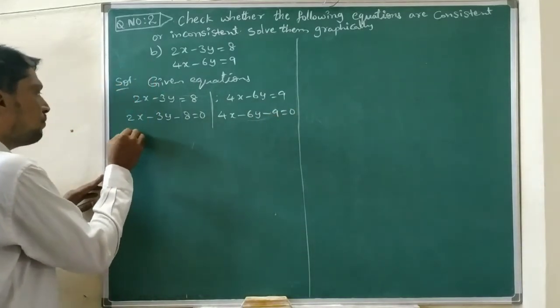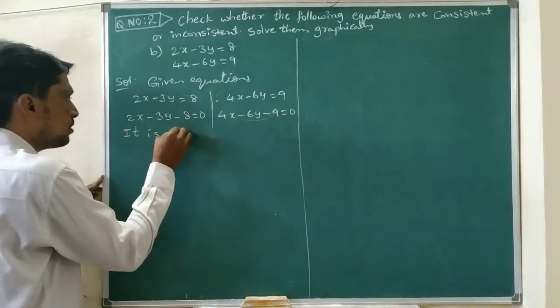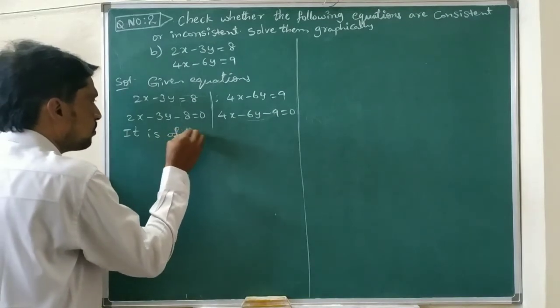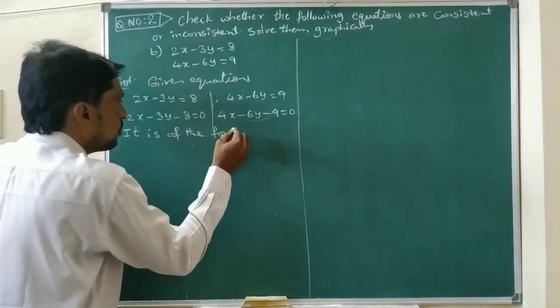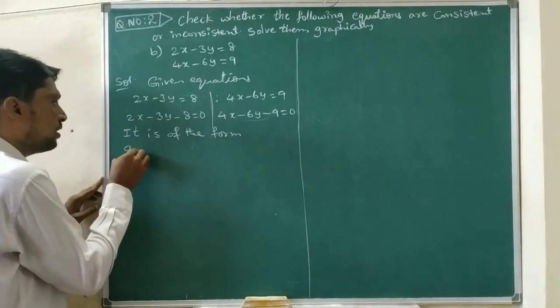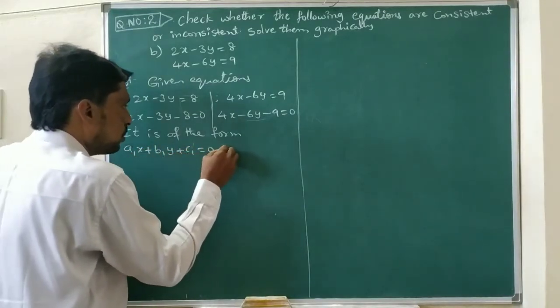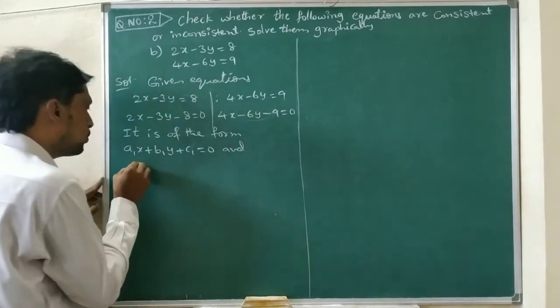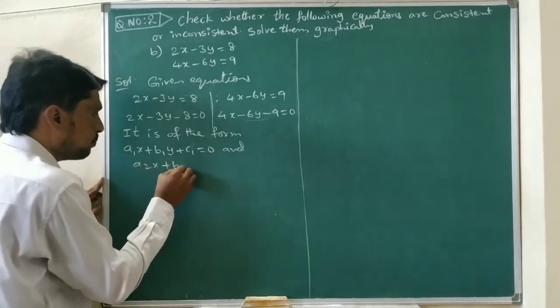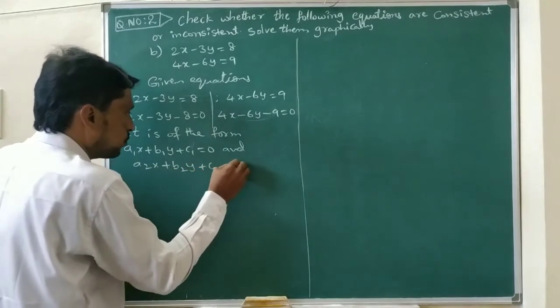So it is of the form a1x plus b1y plus c1 equal to 0 and a2x plus b2y plus c2 equal to 0.